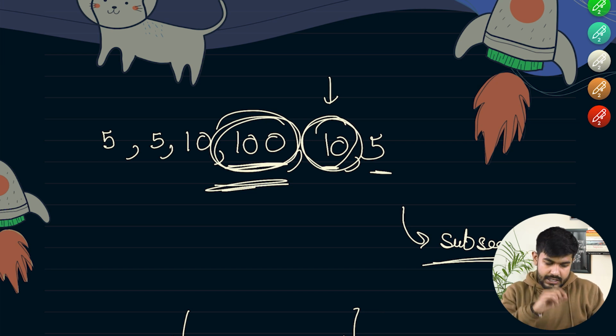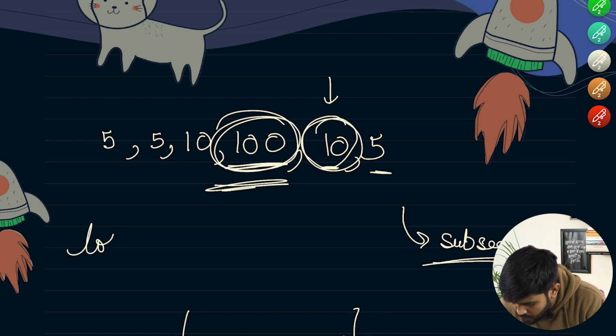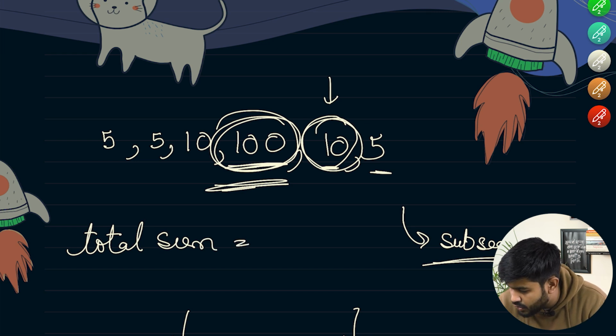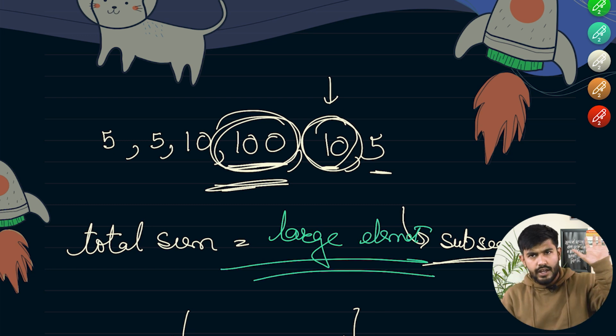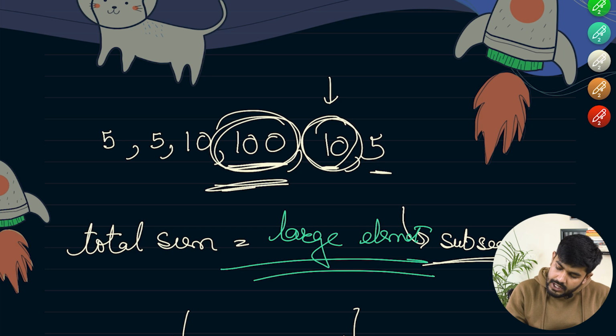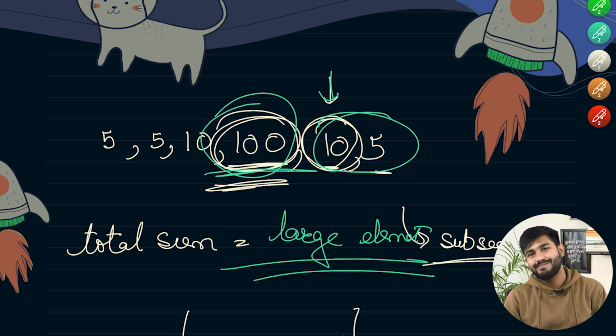So what is the very first thing? If I want to increase the total sum, I would focus on large elements. This is the very simplest approach you can think of. If I focus on large element, then I might lose the larger element.